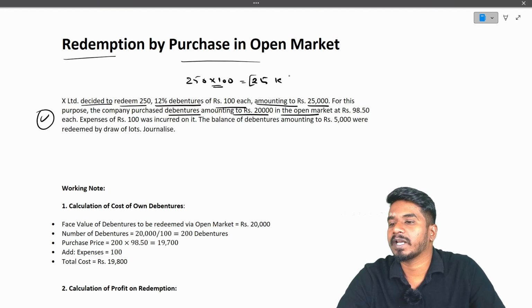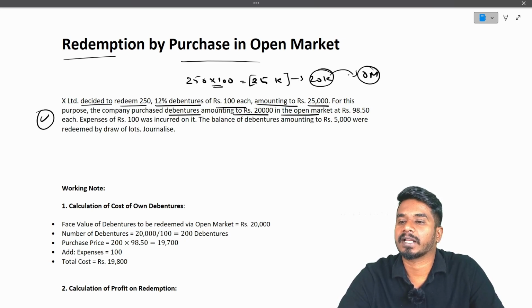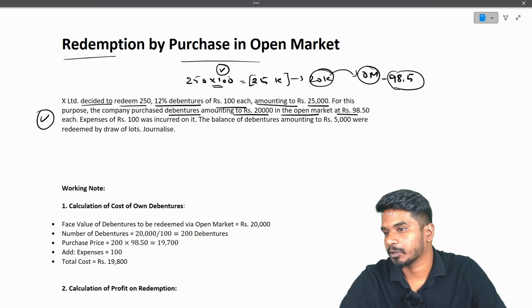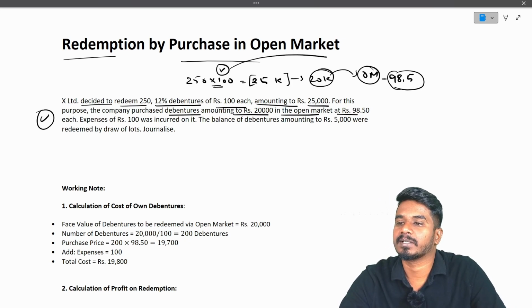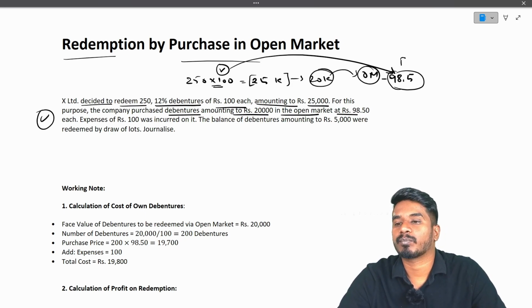So out of this 25,000, 20,000 worth of debentures they purchased in open market at rupees 98.5, which means 100 rupees worth of debentures per debenture they got at 98.5. They got a profit here.